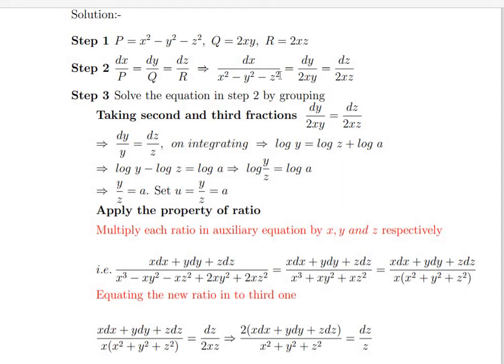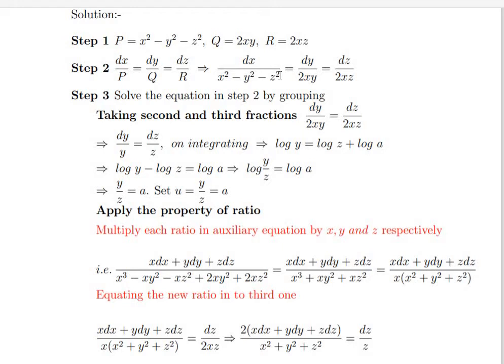So it will become x dx plus y dy plus z dz, that is multiplied and adding, we will get it as x dx plus y dy plus z dz by x cube minus xy square minus xz square plus 2xy square plus 2xz square. Now you can observe in the denominators there are some like terms like 2xz square minus xz square.